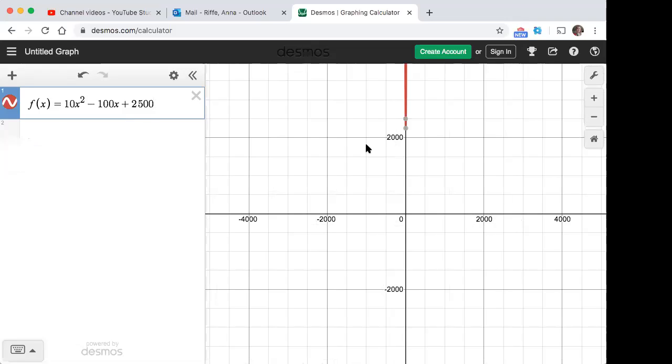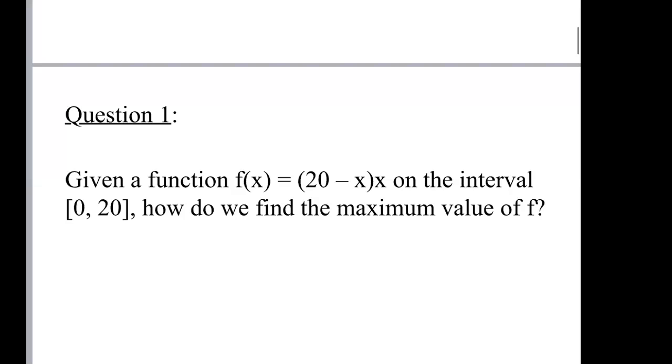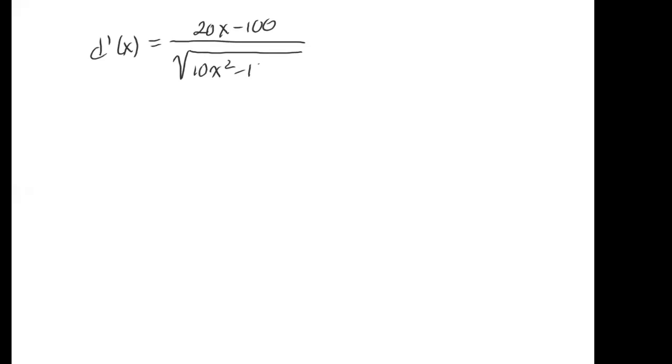So let's go back to that problem. We're here. And we said that the distance, or the derivative, d prime, is equal to 20x minus 100 over the square root of 10x squared minus 100x plus 2500.